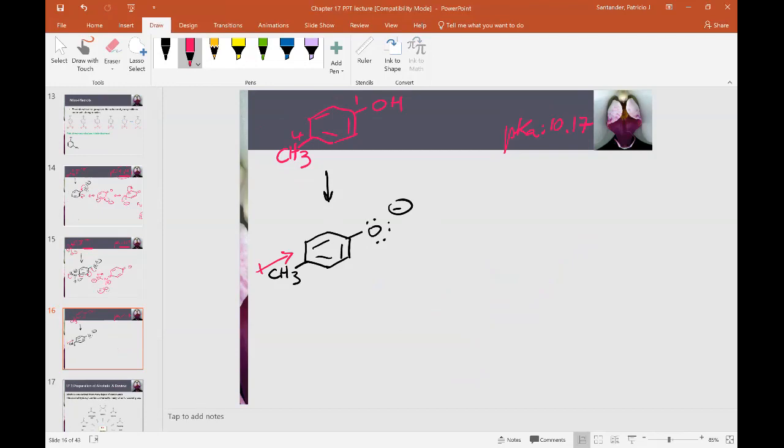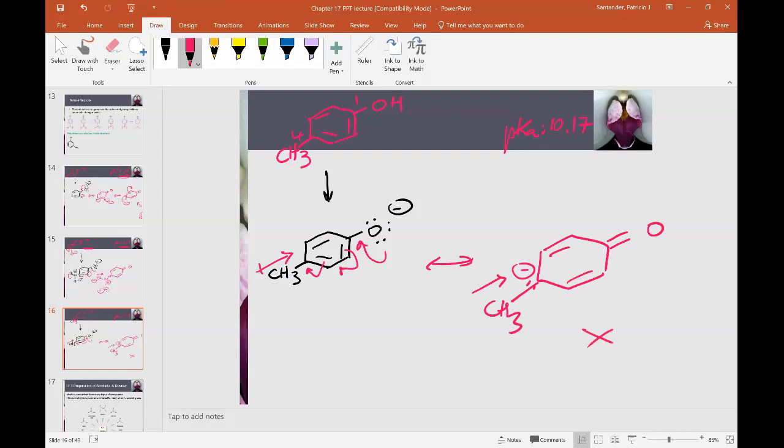And because of that, if I bring the negative charge all the way to the para position, that is not going to be so great, right? If I have a negative charge precisely where I have an electron donor, that will be a sort of a short circuit there. So that particular resonance structure will not be so good.